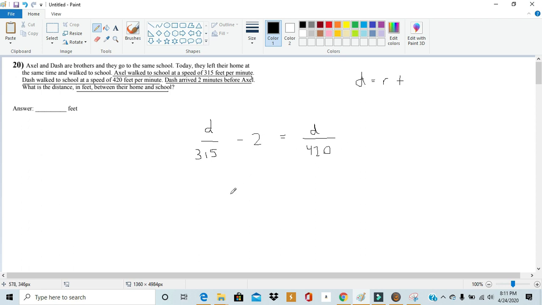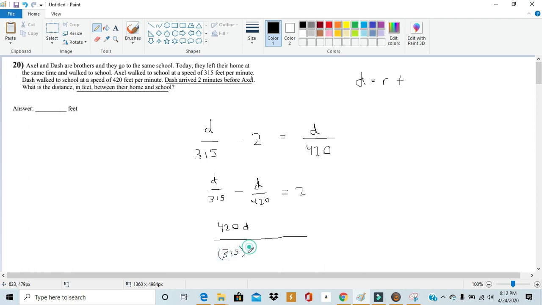So the first step would be getting the d's to the same side. We get d over 315 minus d over 420 is equal to 2. Now we have to get them over a common denominator. So we multiply the numerator of this fraction by 420 and the denominator by 420, getting 420d over 315 times 420.